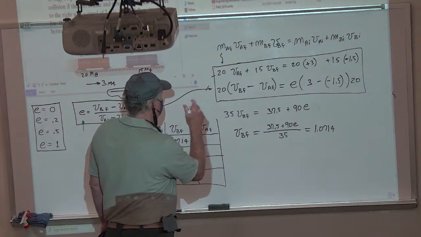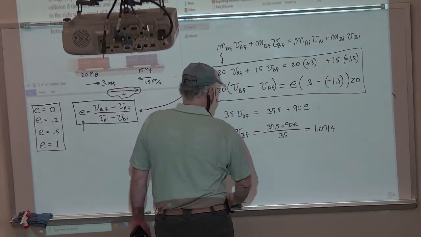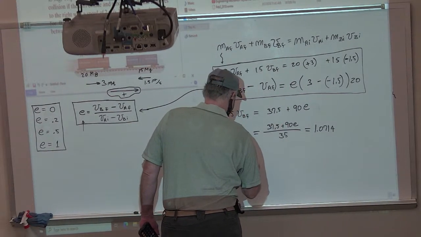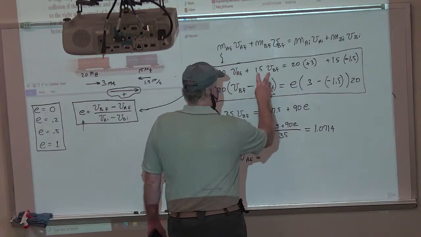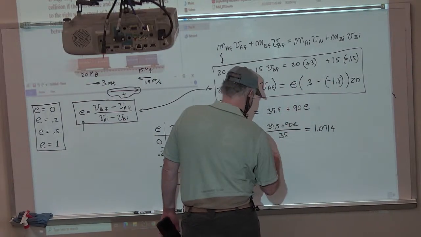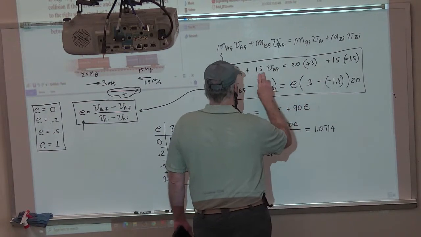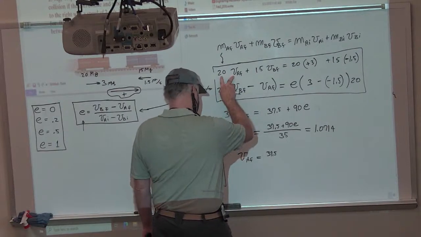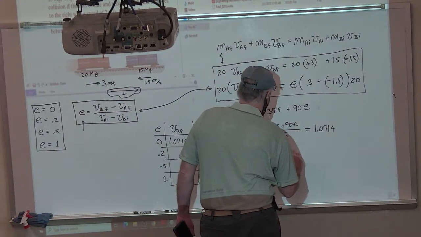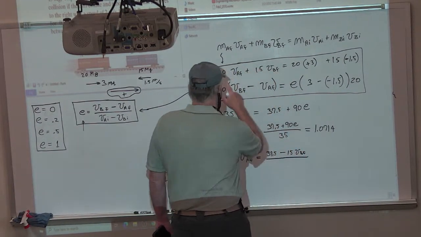Now, I do need to craft up this. So here's what I'm going to do. I'm going to take this, move it to that side. This is still 37. So this and this is 37. I got to move this one over, and I got to divide it by 20.